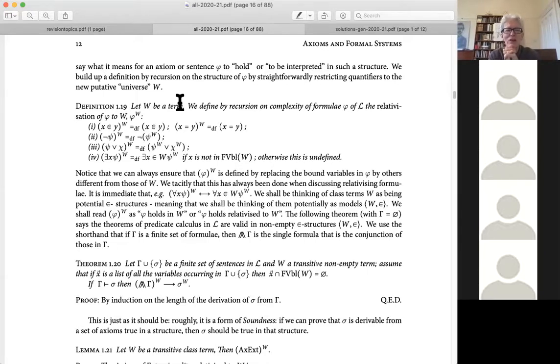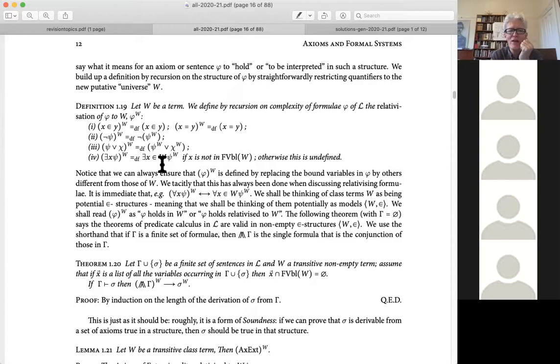I can relativize any formula to a term, and the last clause is what's important: I take the quantifiers in the formula and restrict them to the term. So there exists X in W. Now I bound the quantifier by the term.